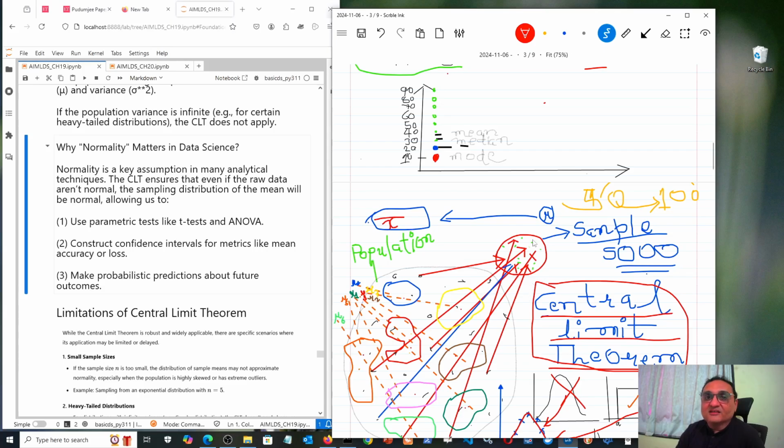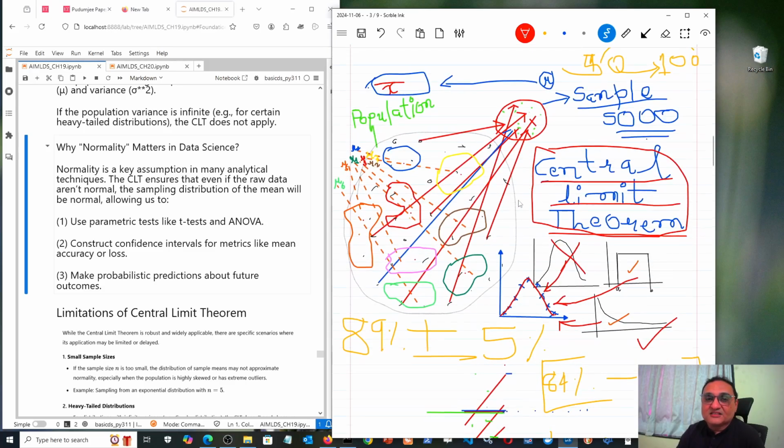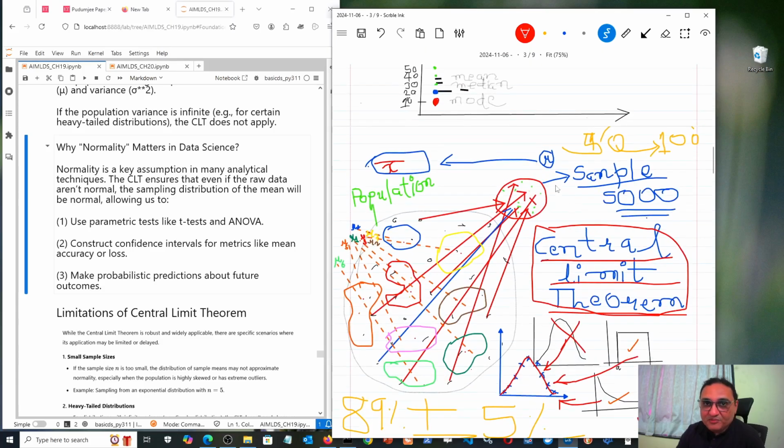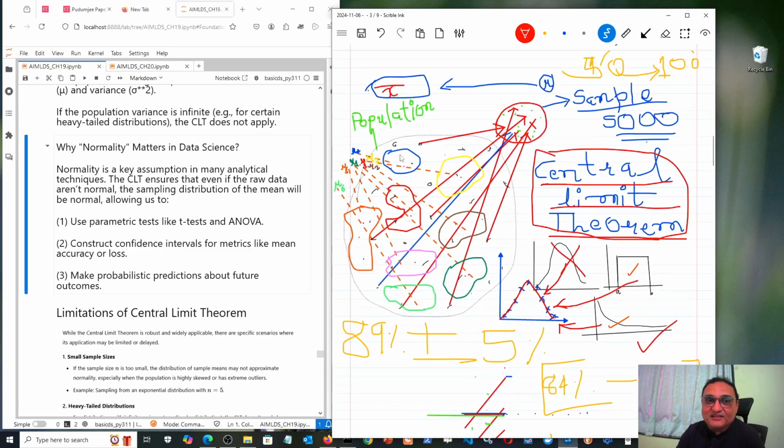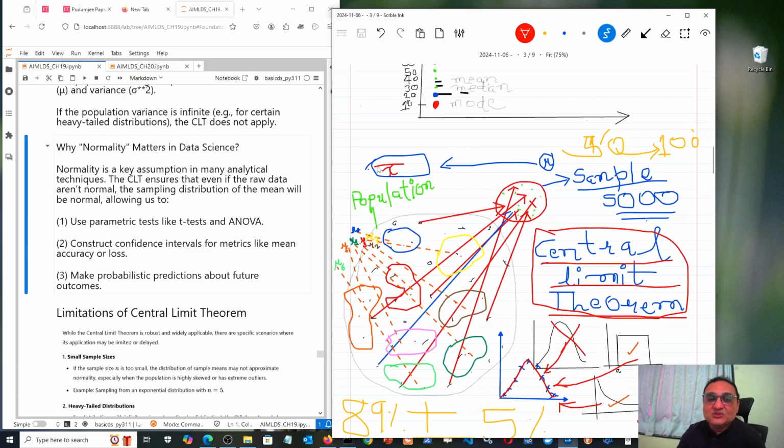So you are studying a sample, and you are taking at a time one sample and finding probability for various points of that sample. But why is that probability applicable when that sample is in the presence of all other samples? That means why is the probability which you are finding for a sample applicable when those data points are actually part of one whole large population? That is thanks to the central limit theorem.